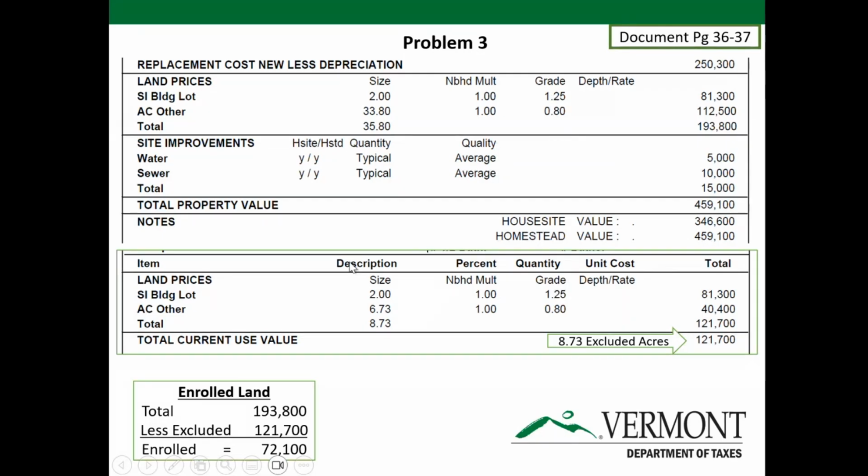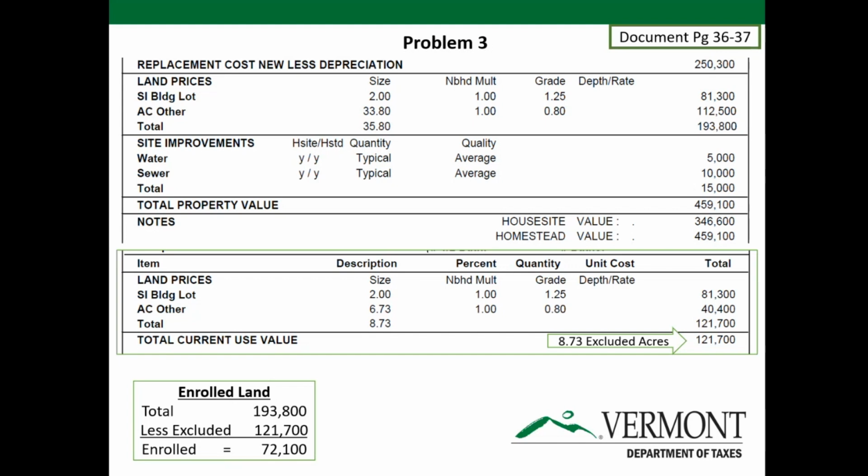So when we run that isolated value that's only considering the 8.73 acres separate from the remainder, the economy of scale, that value per acre adjustment for a smaller piece, is telling us that those two together equal 121,700. So now that we value the excluded, that's how we achieve the enrolled land. It's the mathematical difference. Did that answer the question?